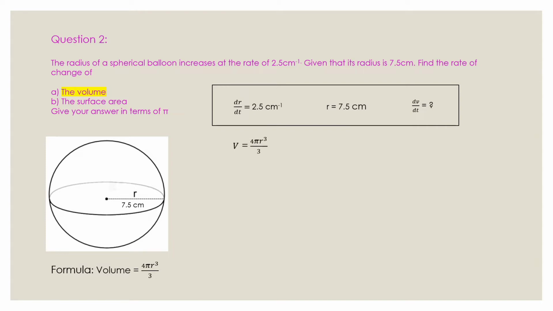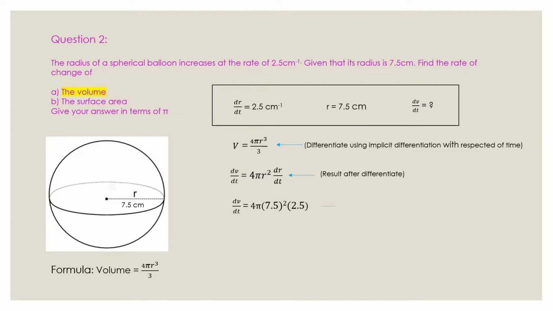Now, for step number 3, we need to differentiate the formula using implicit differentiation. So, dV over dt equals 4 pi r squared dr over dt.